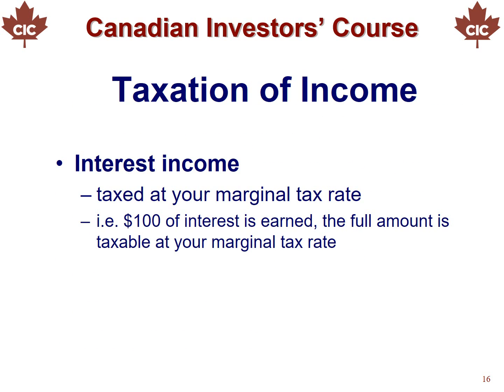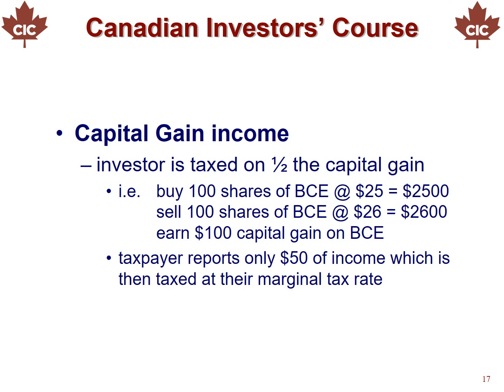Now, taxation of income. Interest income is taxed at your marginal tax rate. So in other words, you make 100% of interest, it's taxed at your marginal tax rate. However, capital gains income, the way it works is that 1/2 the capital gain is exempt from tax and the other half is taxed at your marginal rate.